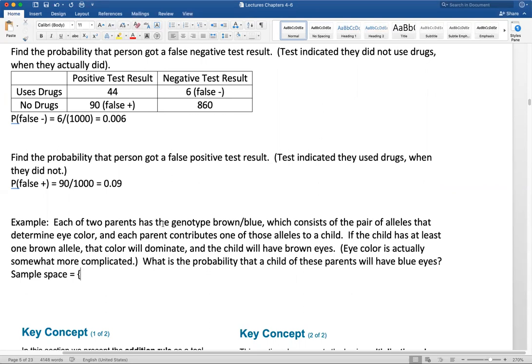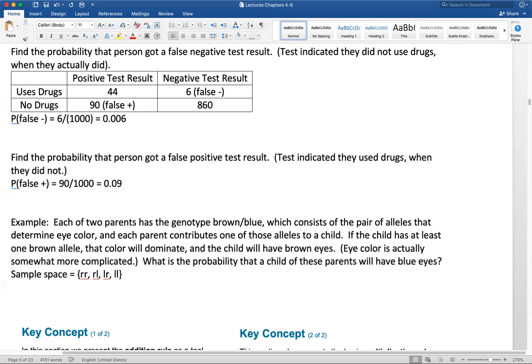So each parent contributes one of those alleles to a child. So the child will receive one allele from each parent, right? Let's say R means brown, L means blue. Starting from RR, and then RL, LR, and LL. So that's all the possible outcomes, right?